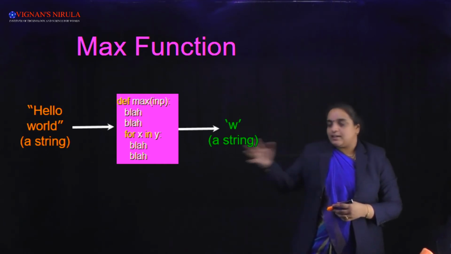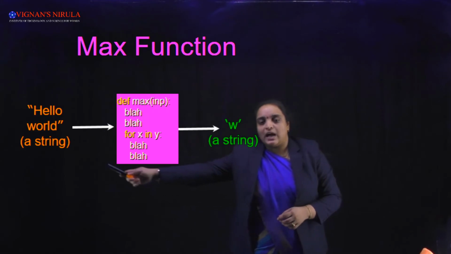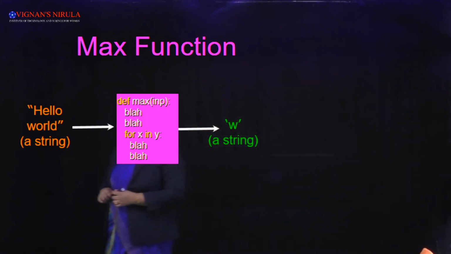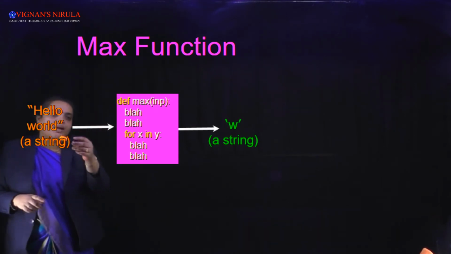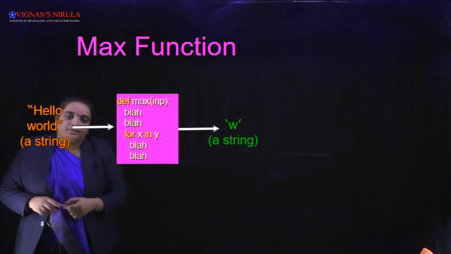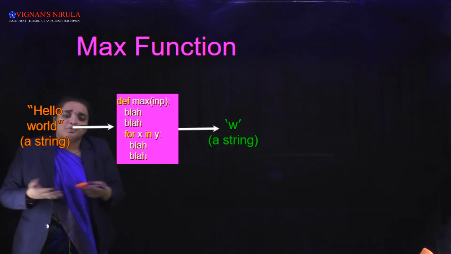So in the previous slide we have seen, we have taken the value hello world, which is a string. That string is passed to the max function. Here in the max function, the code is already written. So who wrote this code? Guido van Rossum wrote this code.